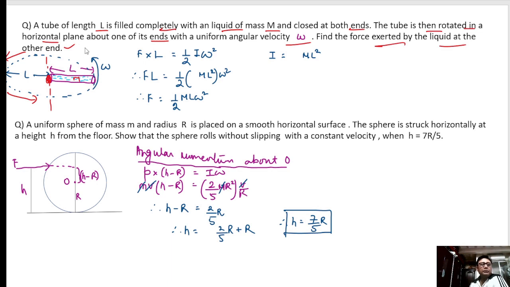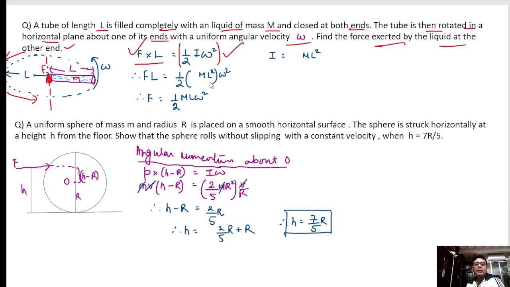Okay, so please watch one thing, this is the total tube rotated like this. So what is the force? The rotational kinetic energy is half I omega square, which equals force into displacement. The force acting here, let it be F, into L. This is the work done, which is equal to the rotational energy.